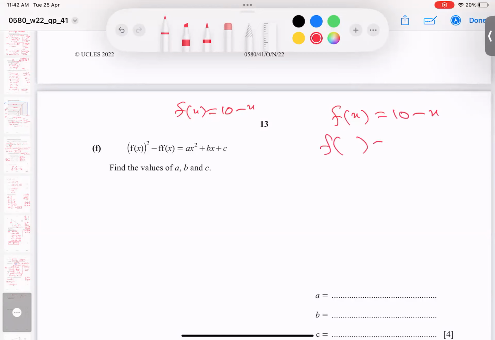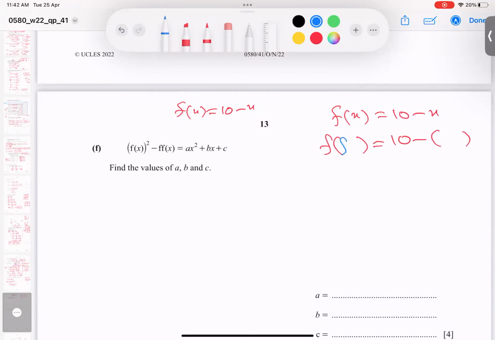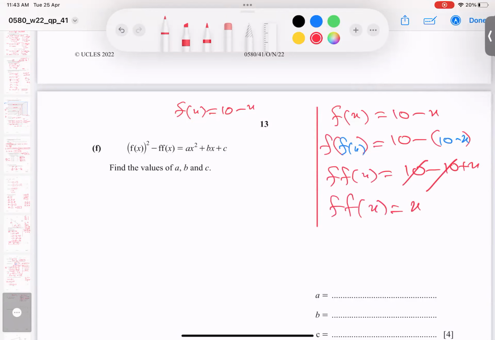Empty space left side, empty space right side in all expressions. The name will go here, the value will go here. Expand it: f of f of x, 10 minus 10 plus x. 10 cancels. So f of f of x is x. So this part I have done.